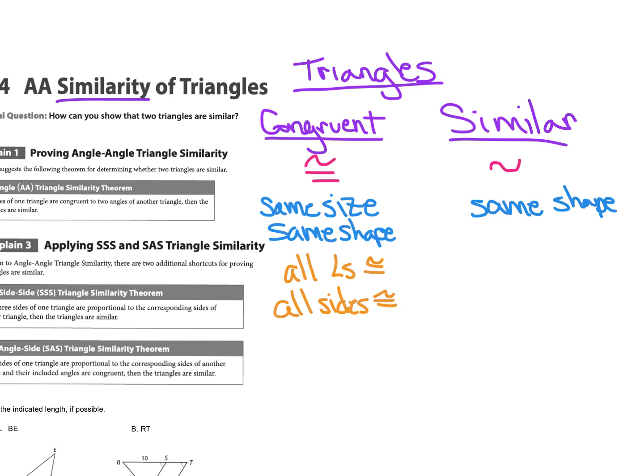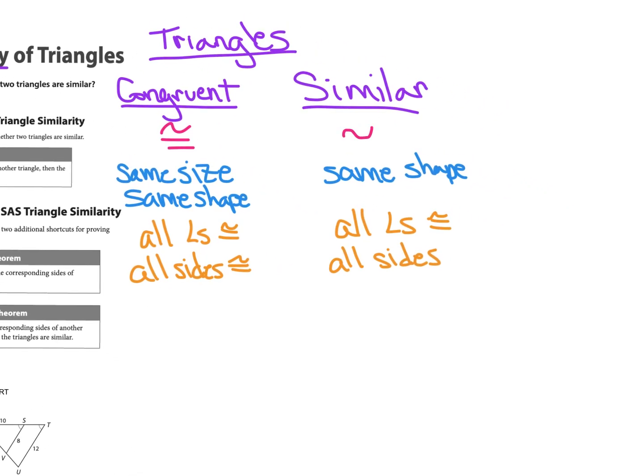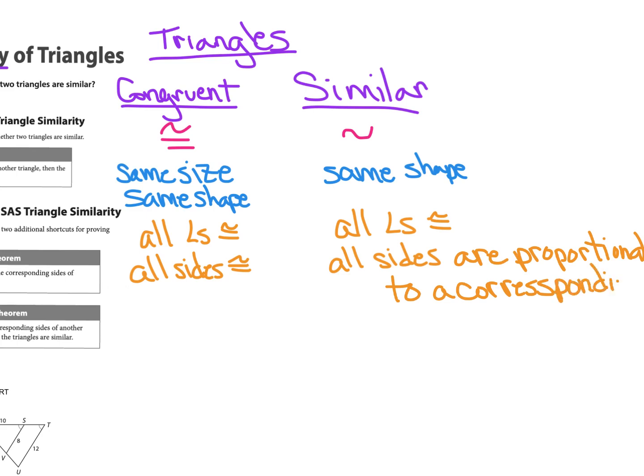With similar triangles, all angles are congruent and all sides are proportional to a corresponding side.